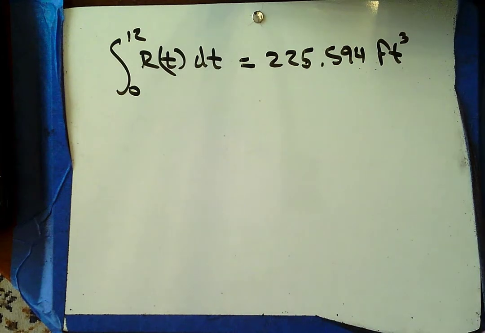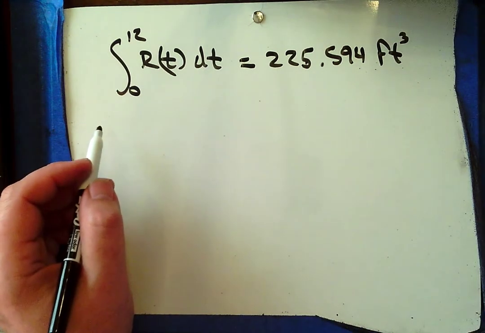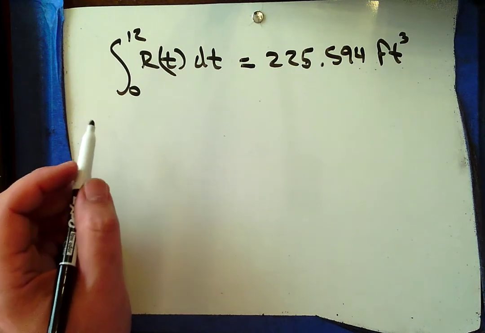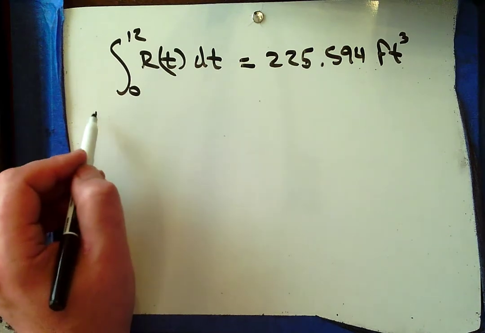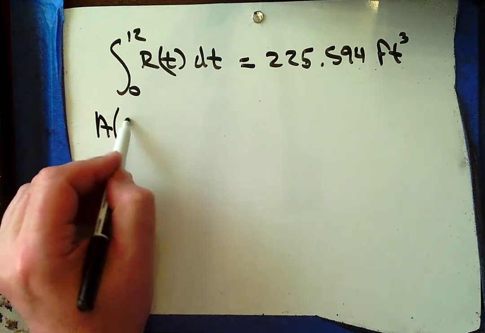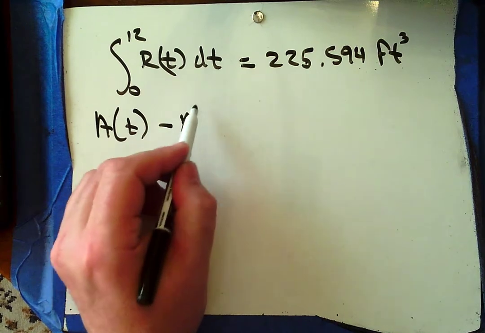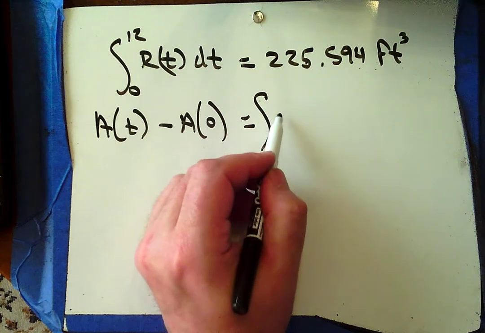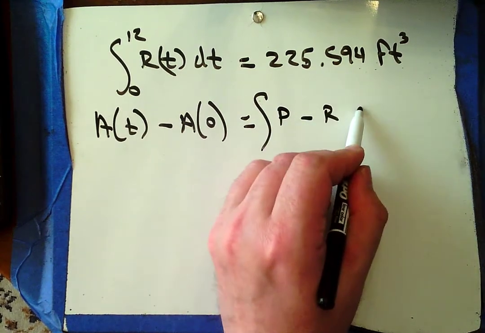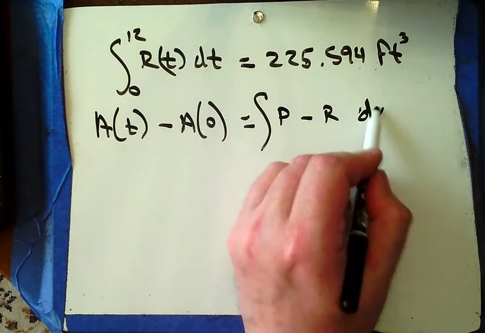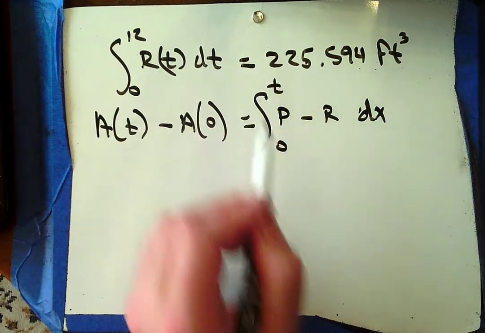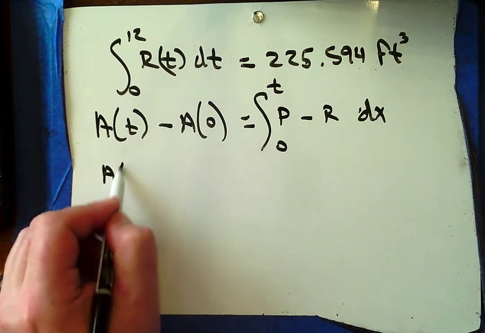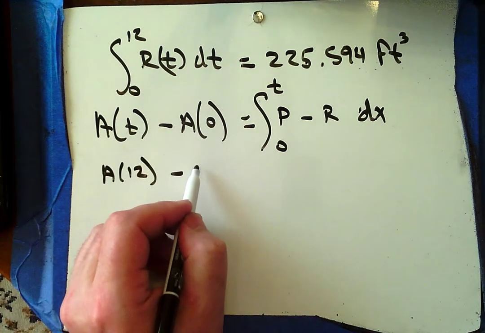All right. So then in part C, use the results from A and B to approximate the volume of the pool at t equals 12. Okay, so I know the amount in the pool at time t minus the amount at 0 equals the integral of the rate in minus the rate out, dx, 0 to t. Okay, and so we're talking about 12. So A of 12 minus the amount at 0.